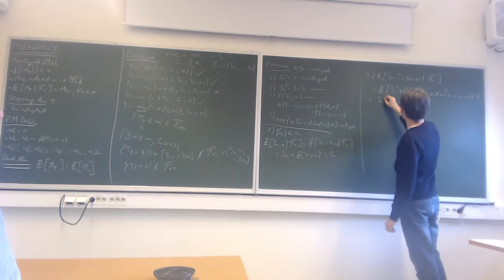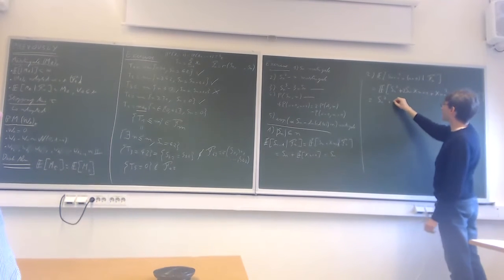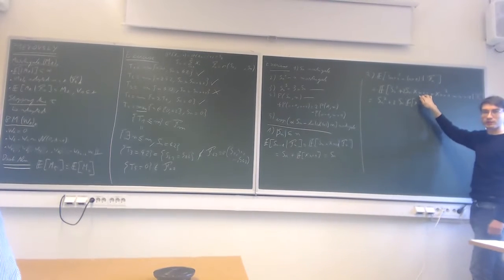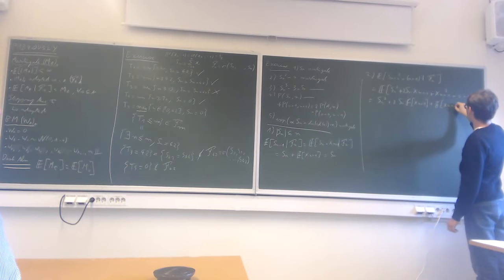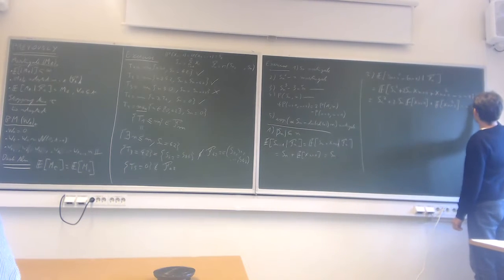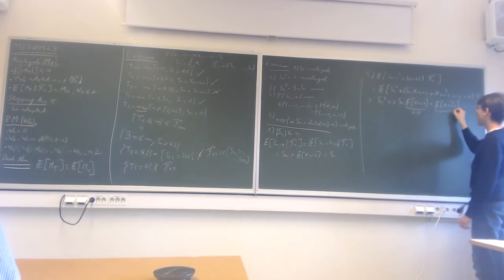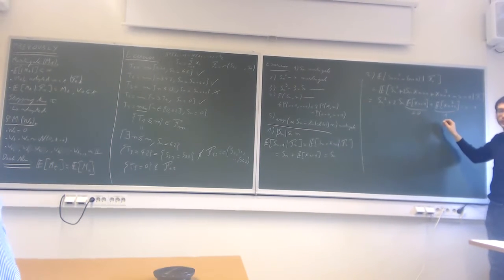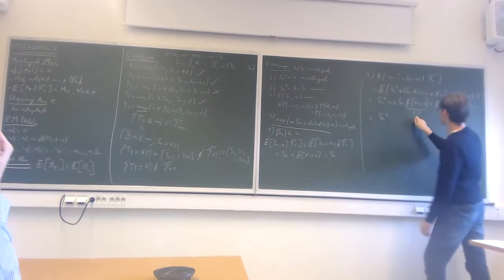Now we have Sn squared. For this one, Sn is measurable, so we have plus 2 Sn times the expectation of Xn plus 1. These two are independent. And finally, the expectation of Xn plus 1 squared minus n minus 1. Now this is 0. This has values in minus 1, 1, so its square is 1.